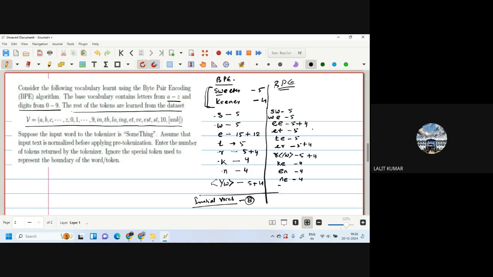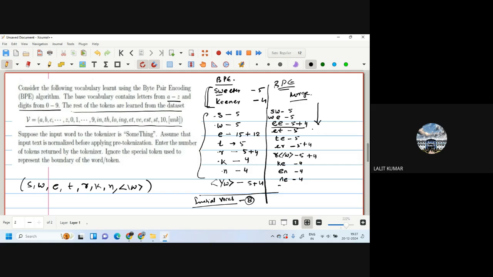So how do we do the merge? Now we will do the merge. So these are my initial vocab. So I will write W E T R K N, and W would have come here. So this is my initial vocab. Here I check which is the maximum occurrence, and I check again from the starting in this direction.